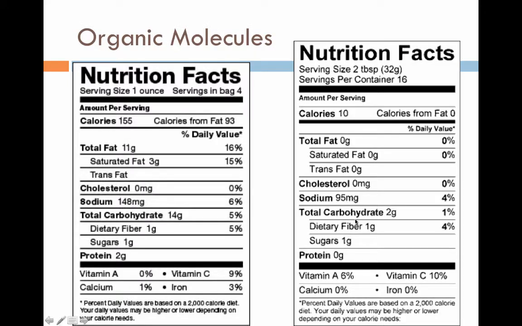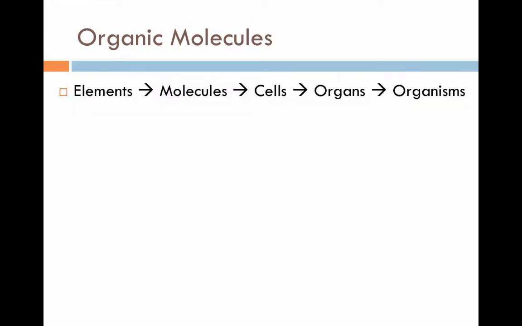Here's another food: carbs, proteins, lipids, again, which are called fats, and then no nucleic acids. So everything you eat that has come from a living organism, so fruits and meats and vegetables and breads, all have these organic molecules: carbohydrates, proteins, lipids, and nucleic acids.